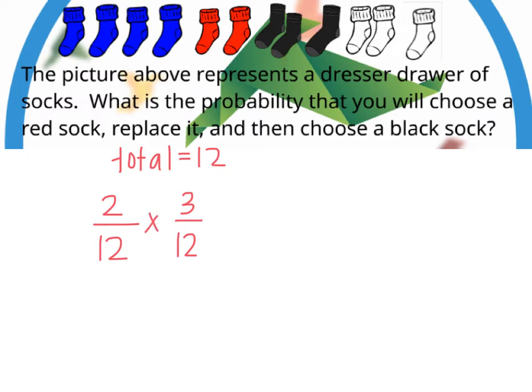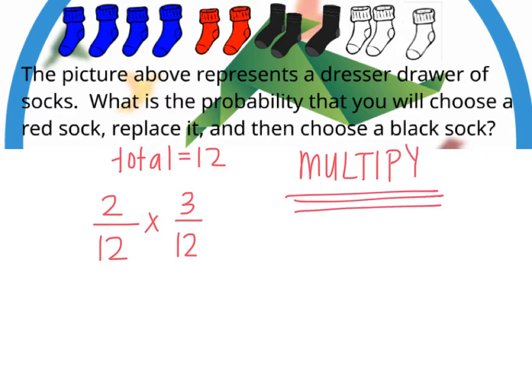When we deal with independent probability and 2 compound events, we always multiply them together. We never add, never subtract, never divide. It is always multiplication. That is the huge point about compound probability. We multiply. So we have 2 twelfths times 3 twelfths.